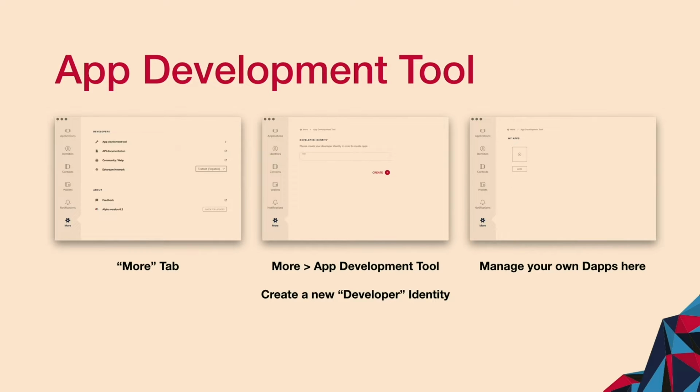So you go back to the OS, and under the More tab on the left, there's a link at the top that says App Development Tool. I can't remember what wording we ended up on that. App Development Tool. And that's where you can manage all of your own dApps.